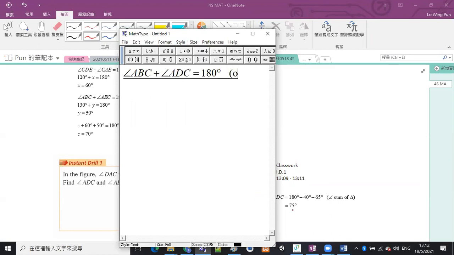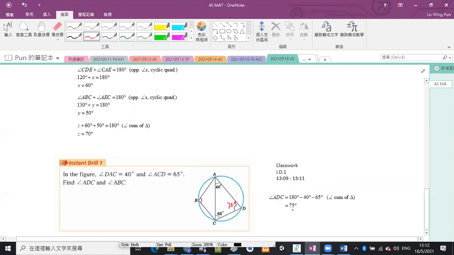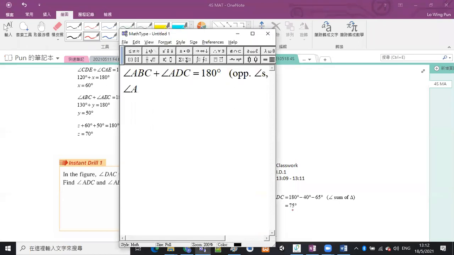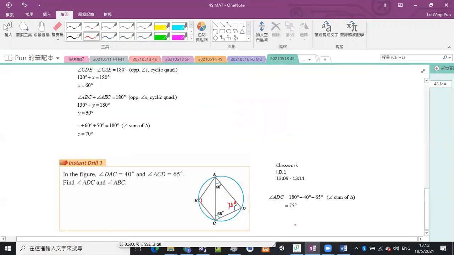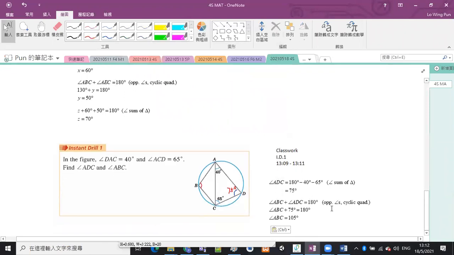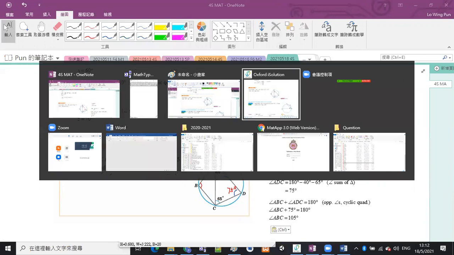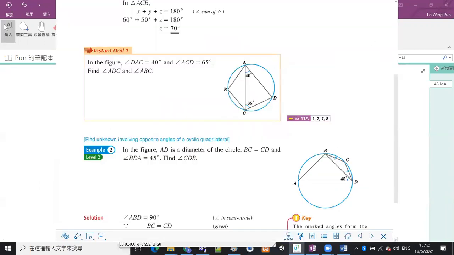And this is opposite angles cyclic quad. So we have ABC is what we want to find, and plus 75 degrees is equal to 180 degrees, which means that angle ABC is equal to 105 degrees. That is the second answer. Are you correct? Must be correct, right?